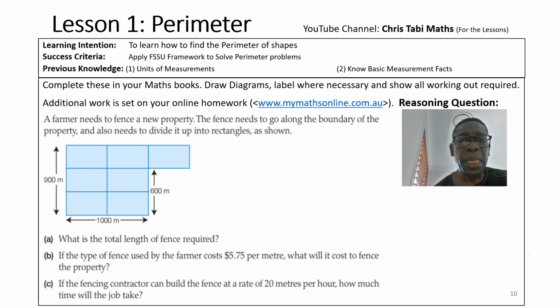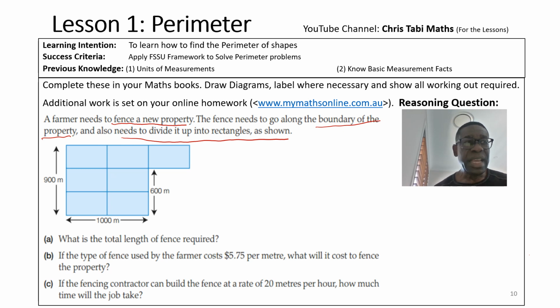So I'm sure you've paused and you've written the question down. All right, so let's have a quick discussion of this. Now, as we can see, we have a farmer that needs to fence new property. The fence needs to go along the boundary of the property and also needs to divide it into rectangles as shown.